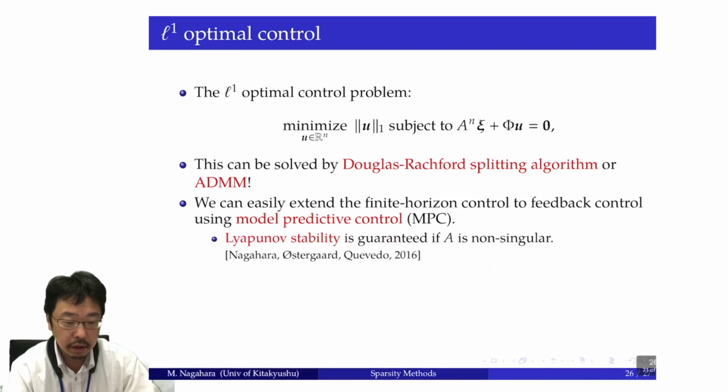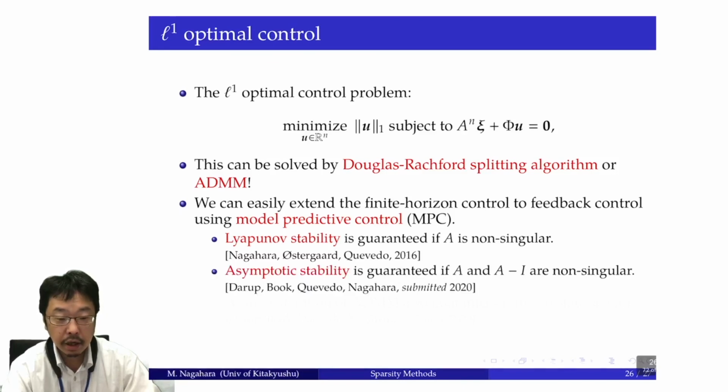For this, Lyapunov stability is guaranteed if A is non-singular and asymptotic stability if A and A minus identity are non-singular. Also, these properties are proved assuming that the L1 optimal solution is exactly computed, or we can do infinitely many iterations in ADMM in the feedback loop.